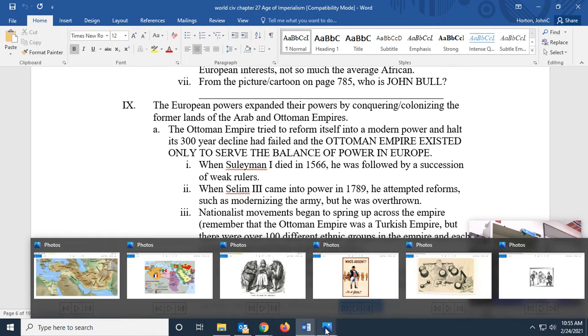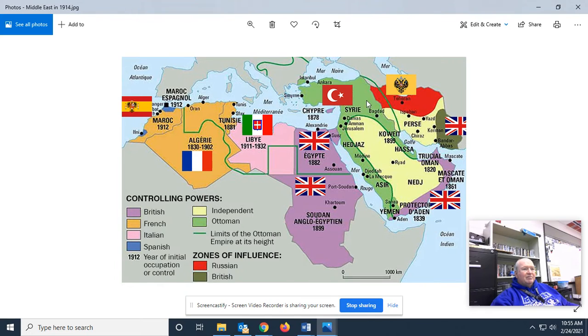Let's go here. The Ottoman Empire, that's it here in the green, had strategic regions on both the Red Sea and the Persian Gulf here. This is one of the most strategic waterways in the world that the Russians wanted to get their mitts on.